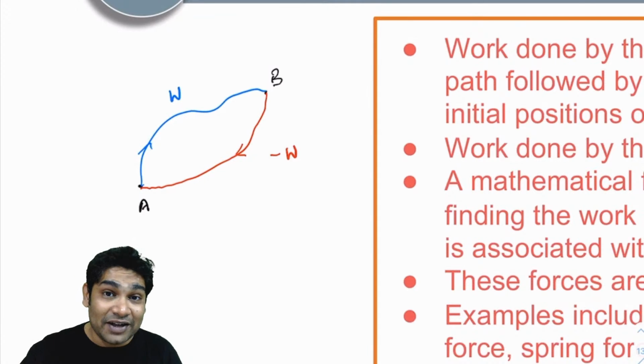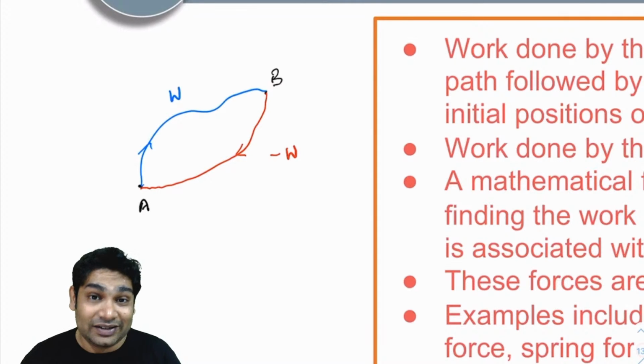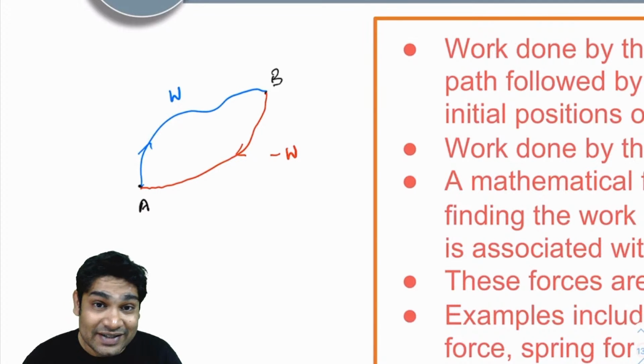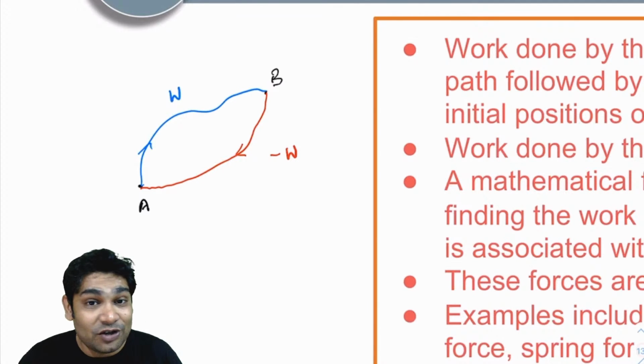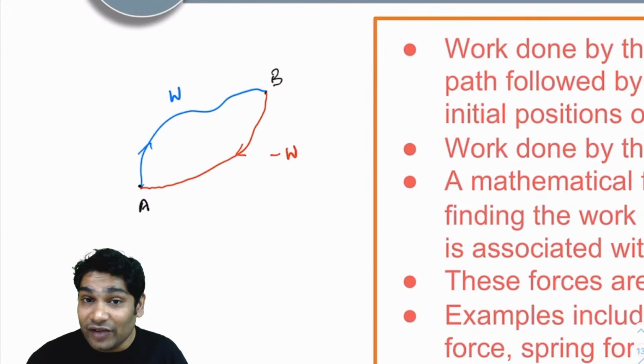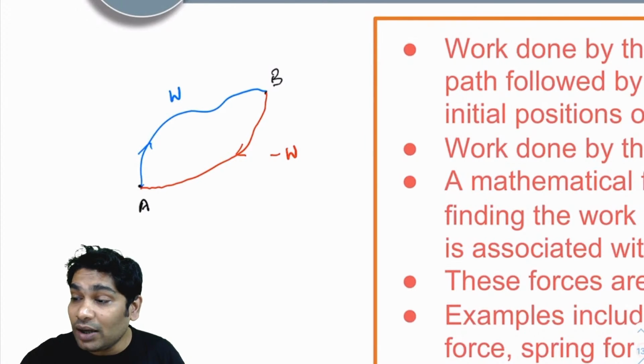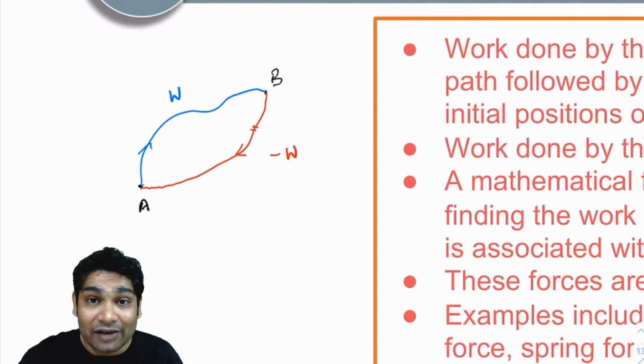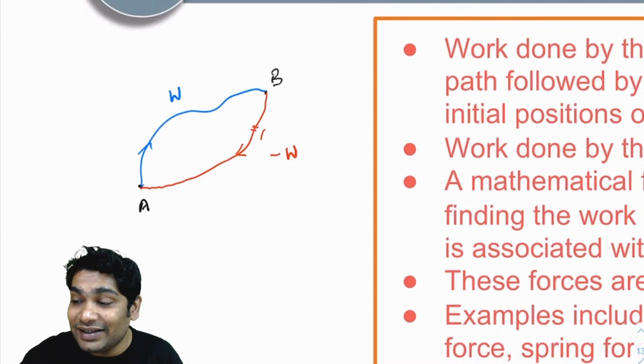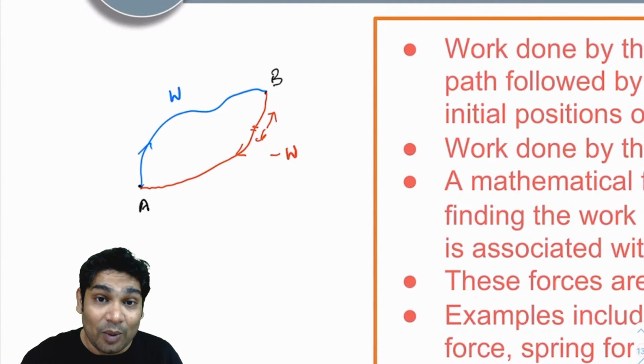Right? Why is it minus W? Because in the closed path, the net work has to be zero. Now these forces are a function of their speeds and positions. So if I'm calculating F dot ds, when moving in this direction, F dot ds when I'm moving in the opposite direction will be completely opposite.